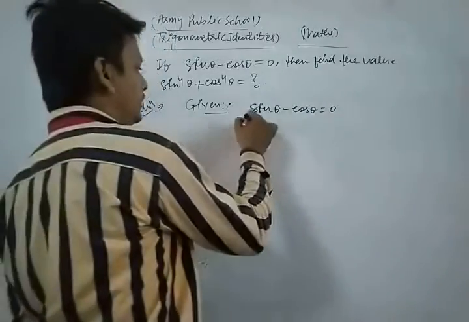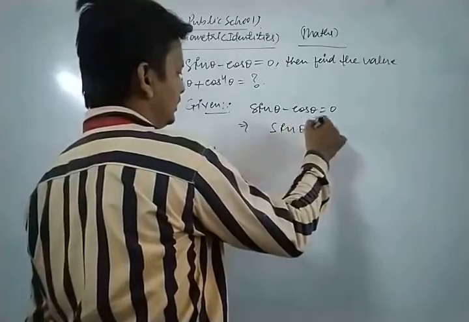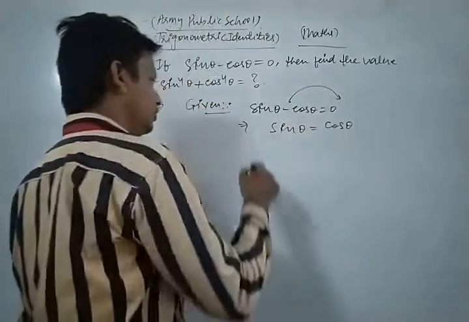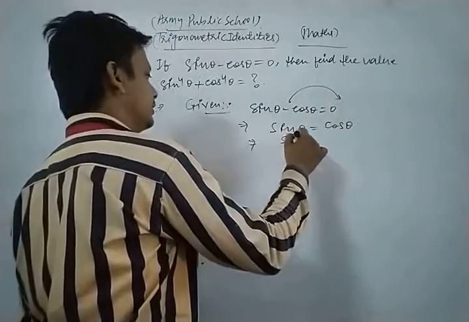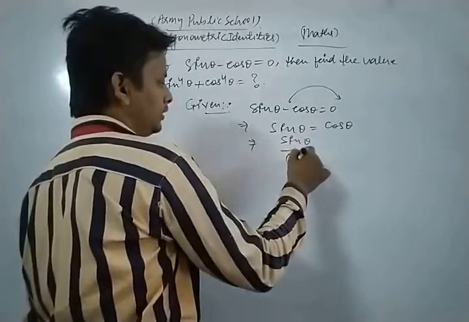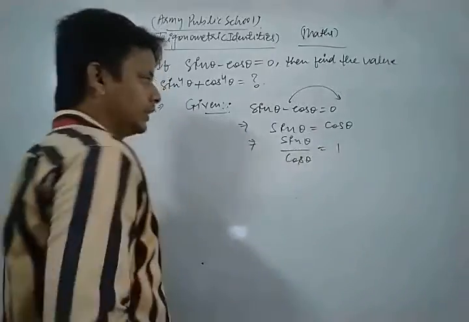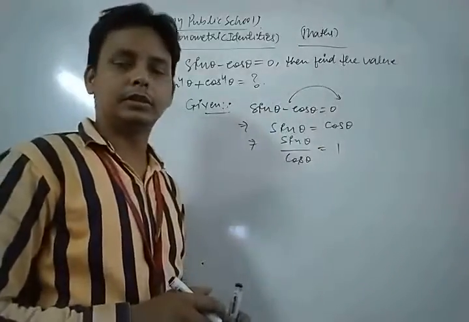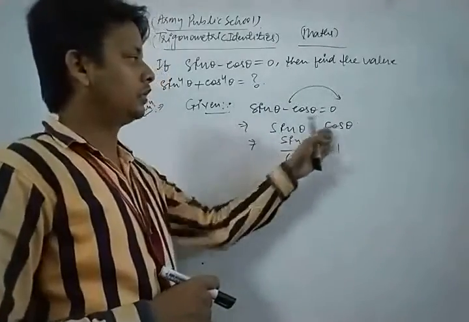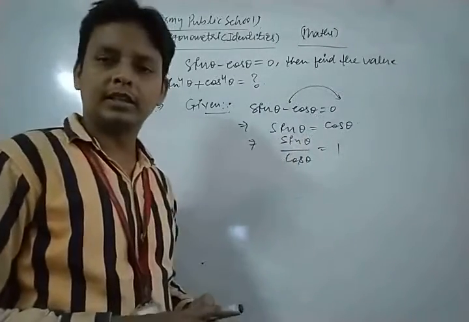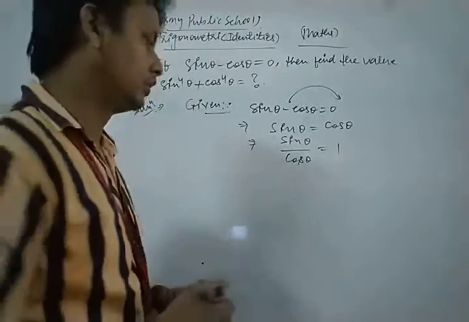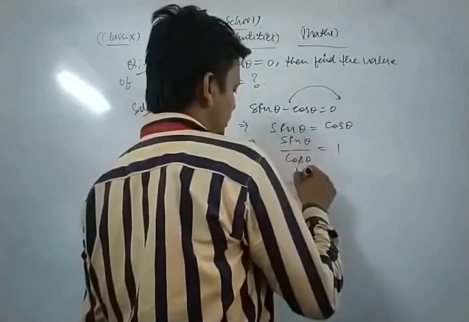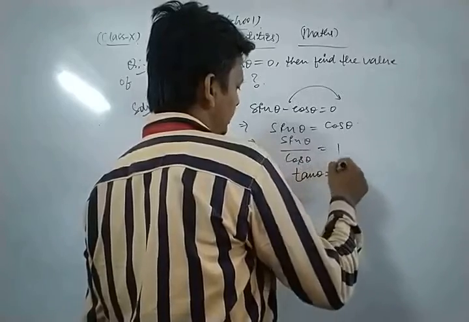Let's see. We can write sin theta is equal to cos theta. Transferring minus cos theta to the other side, it becomes plus cos theta, and now we divide by cos theta, so sin theta divided by cos theta is equal to 1. Now sin theta upon cos theta is tan theta, so tan theta is equal to 1.